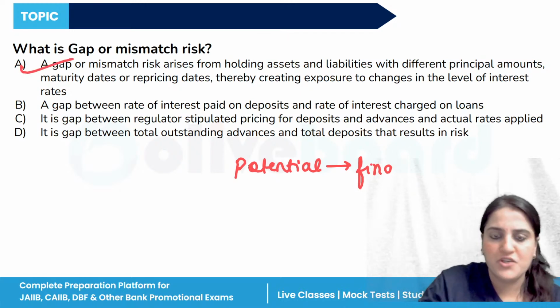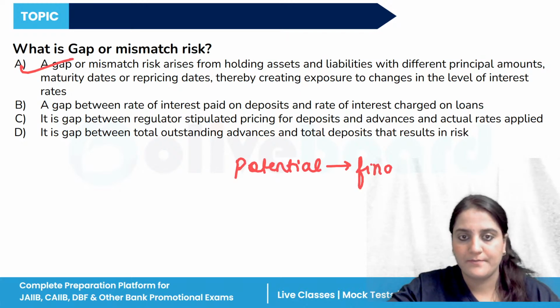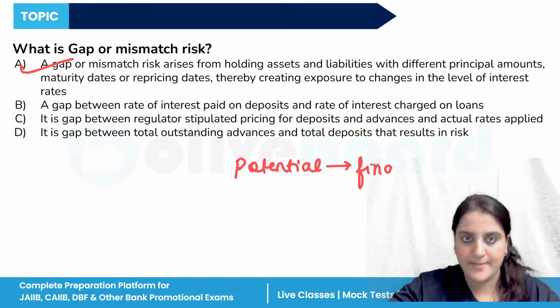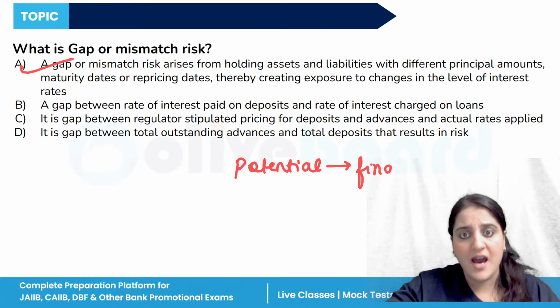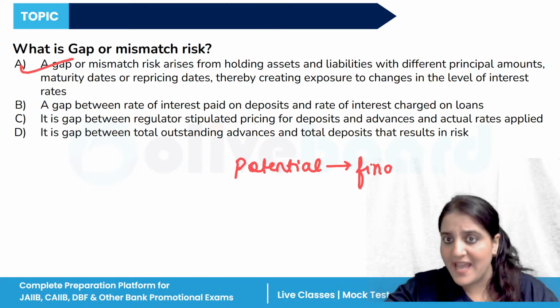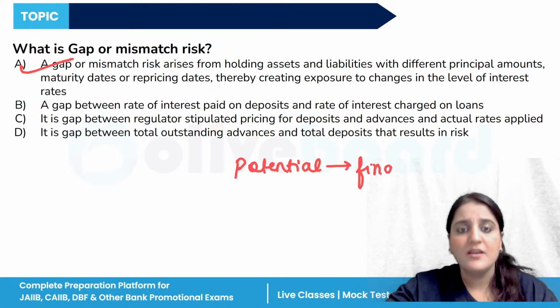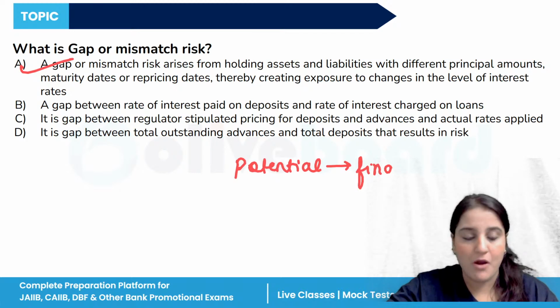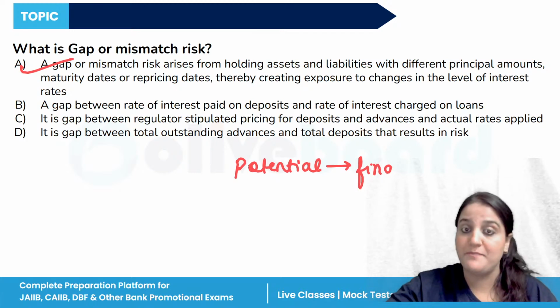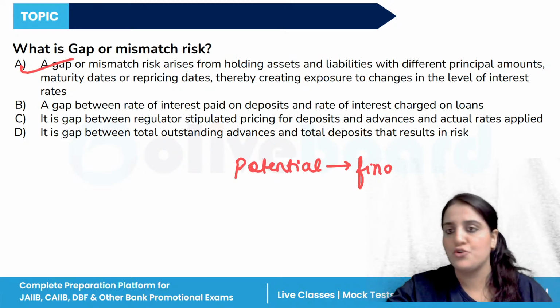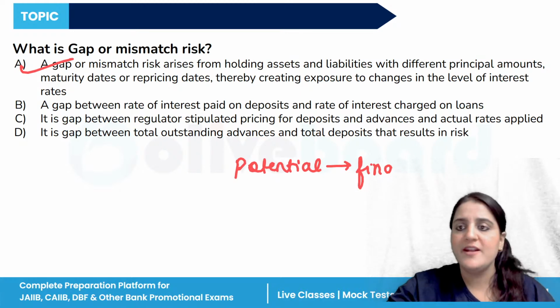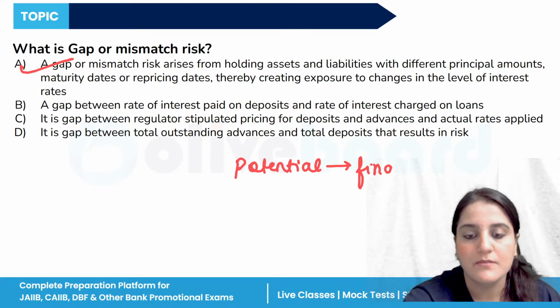So option A is correct here. A gap or mismatch risk arises from holding assets and liabilities with different principal amounts, maturity dates or repricing dates, thereby creating exposure to changes in the level of interest rates.